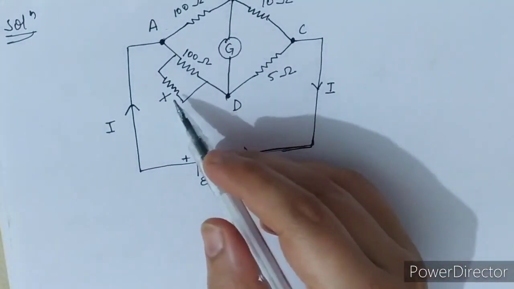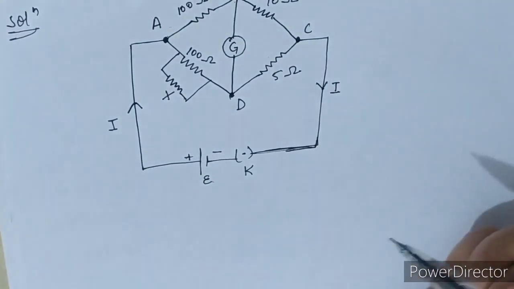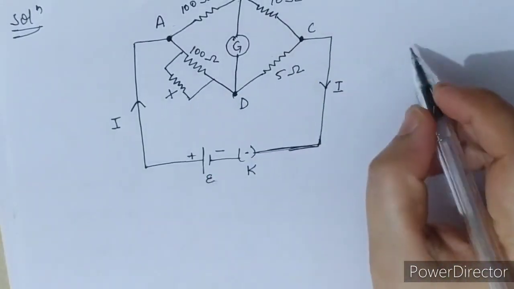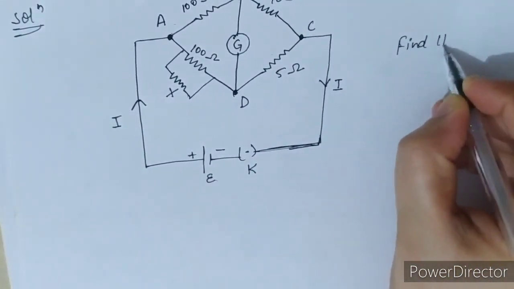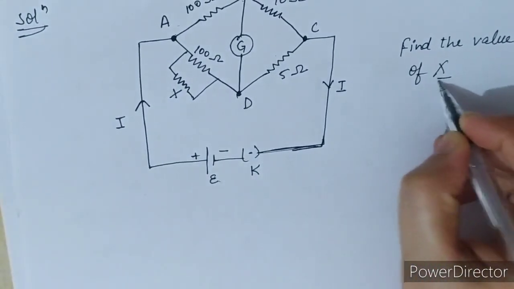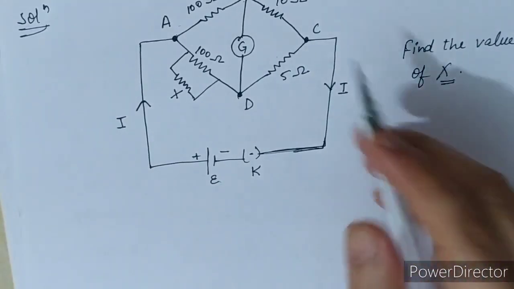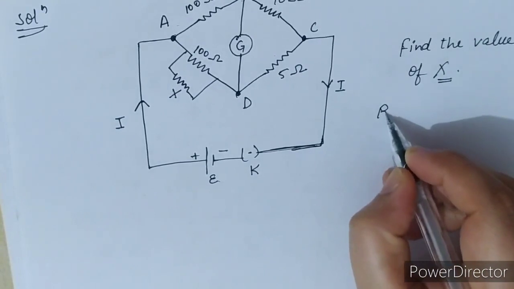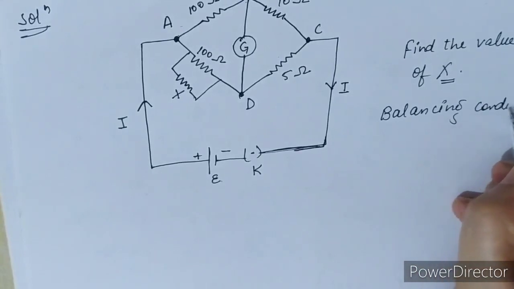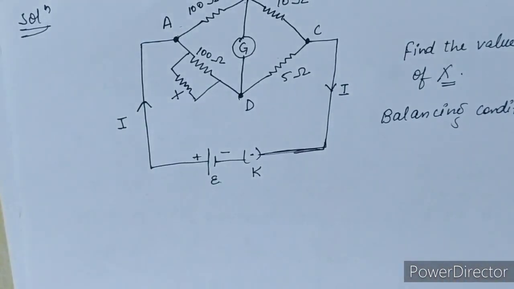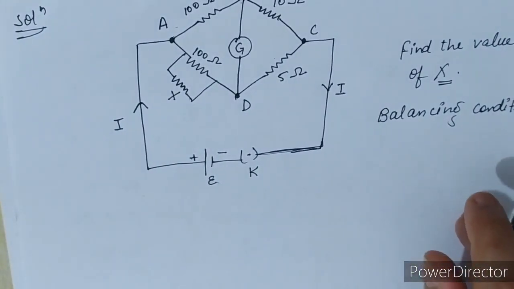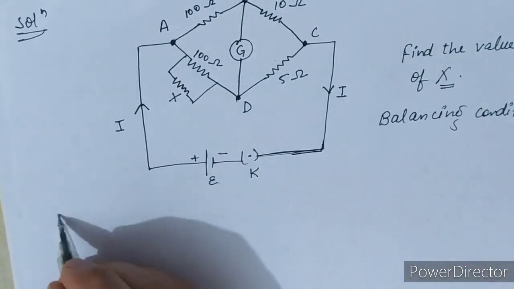Now you have to find the value of X in this. The most important thing given in the question is that you have to find the value of X, but the condition applied is that this Wheatstone bridge is in a balancing condition. So according to this balancing condition, we have some formulas for the Wheatstone bridge, so that we have to apply here.